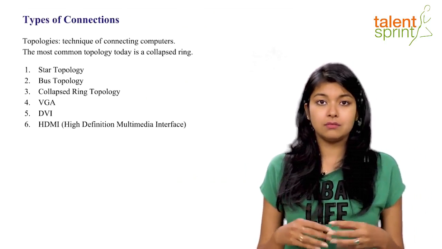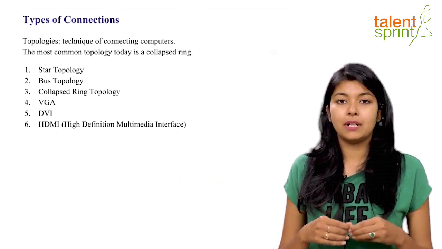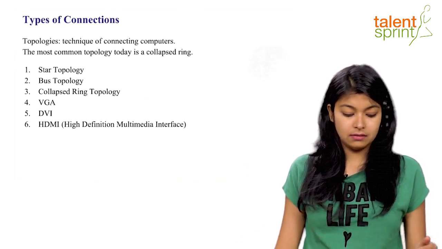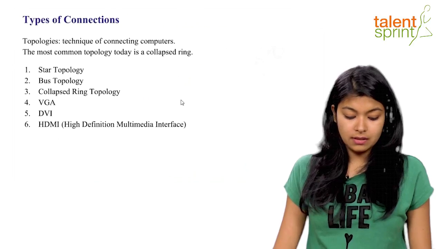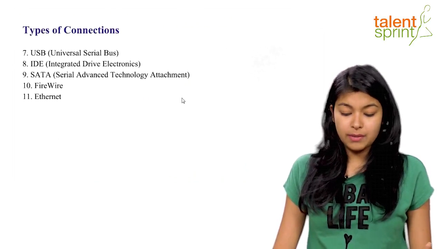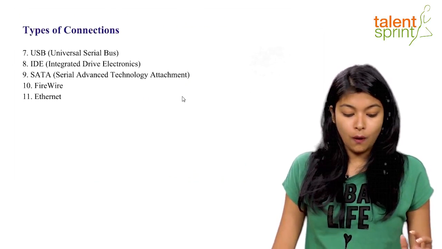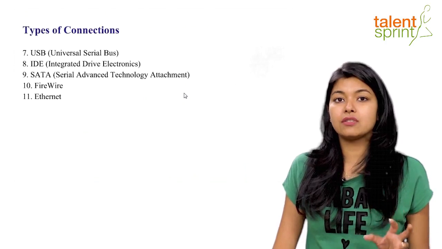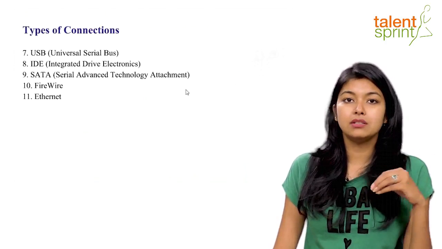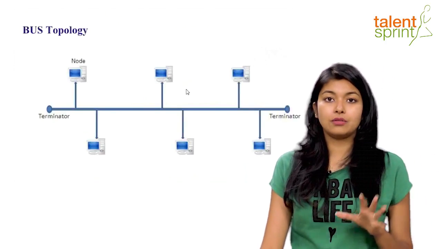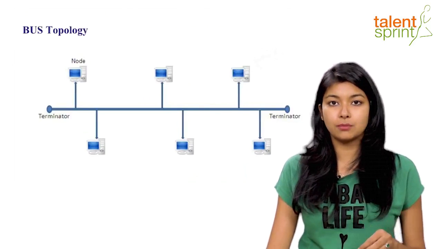The most commonly used topology these days is ring topology, but among the others are the ones I mentioned here: star, bus, collapsed ring, VGA, DVI, HDMI, USB, IDE, SATA, Firewire and Ethernet. All of these are different types of connections that a network uses, or different types of topologies that a network might use. Now, I'll go through some of the very commonly used and important topologies, starting off with bus topology.